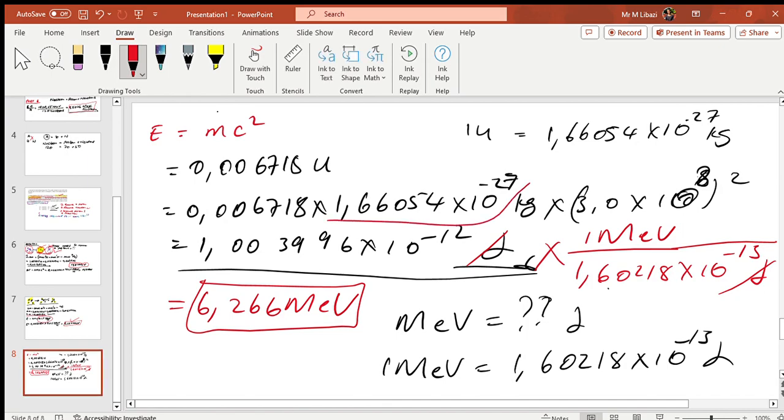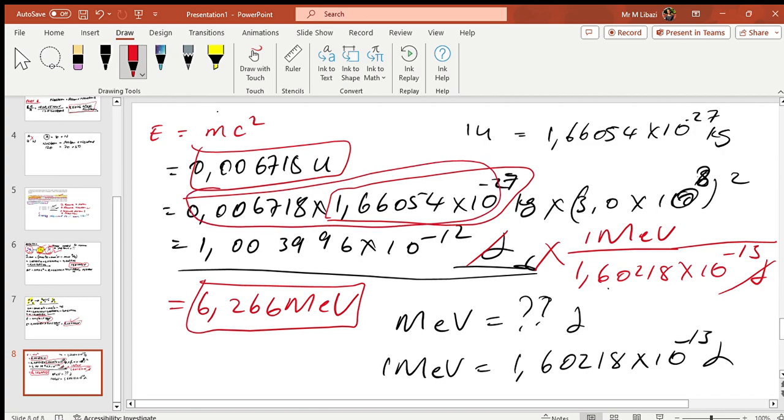But it's also easy: you just substitute 1.6605 times 10 to the minus 27, so the mass is automatically in kilograms, and then you multiply by the speed of light squared, and you find your final answer, 1 times 10 to the minus 12, in joules. So that's it.